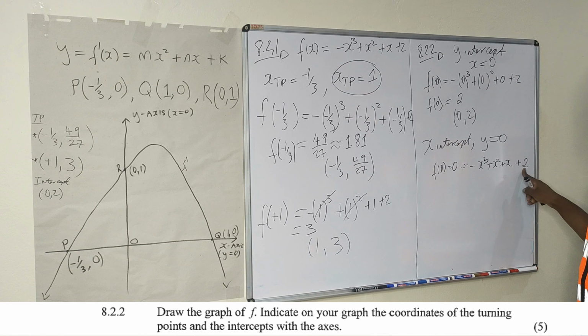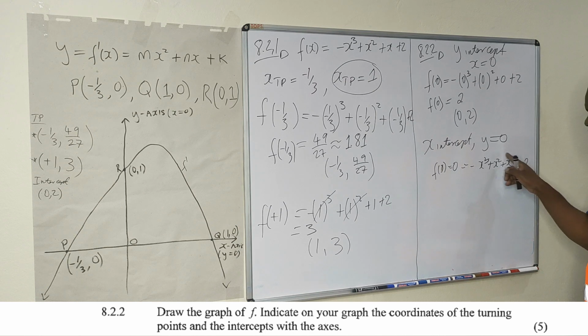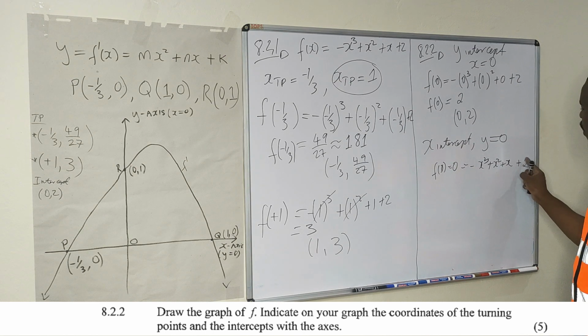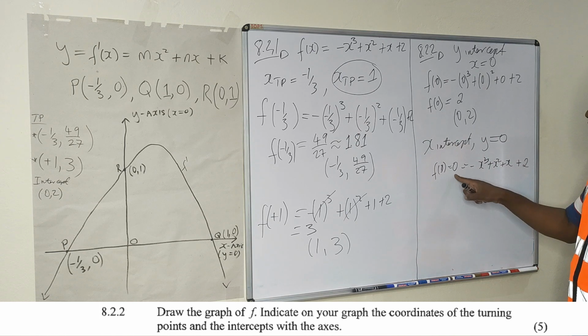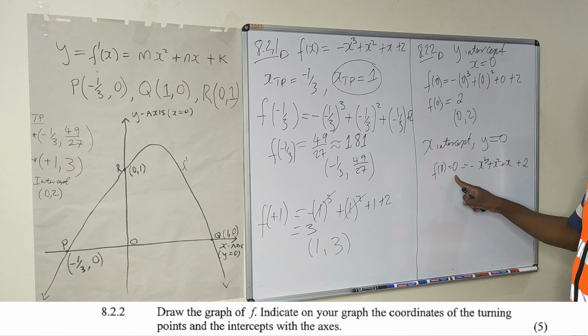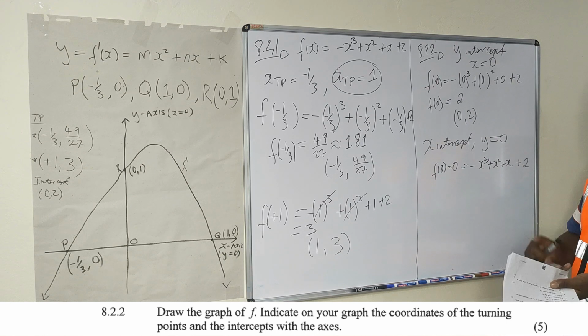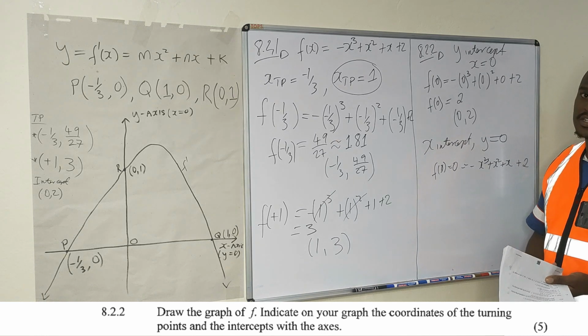To factorize this equation, you need to find at least one solution of this equation using trial and error. You need to find one factor, one root of this equation, such that it gives you 0. And then from there, you can continue factorizing further using synthetic division or long division.